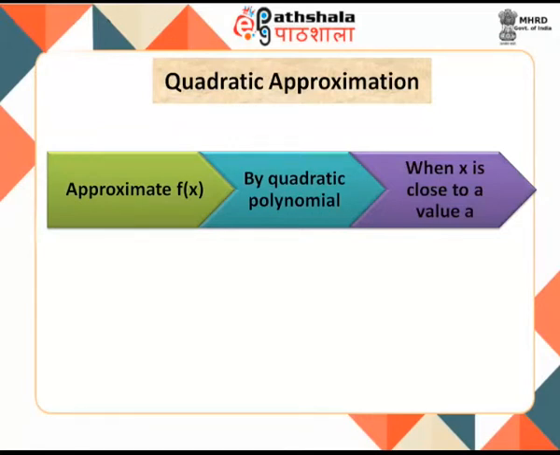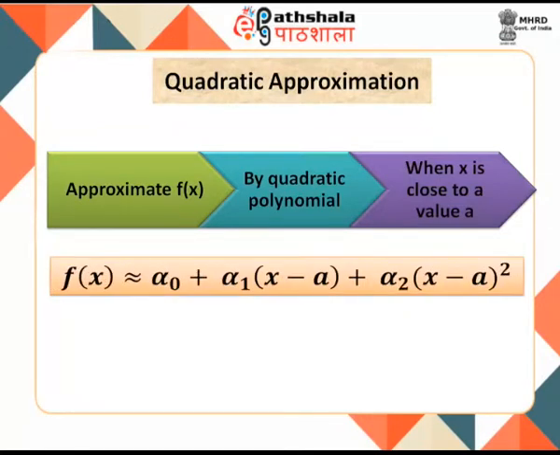We can write f of x approximately equal to alpha naught plus alpha 1 into (x minus a) plus alpha 2 into (x minus a) whole square. This approximation is known if the values of the constants alpha naught, alpha 1 and alpha 2 are known.